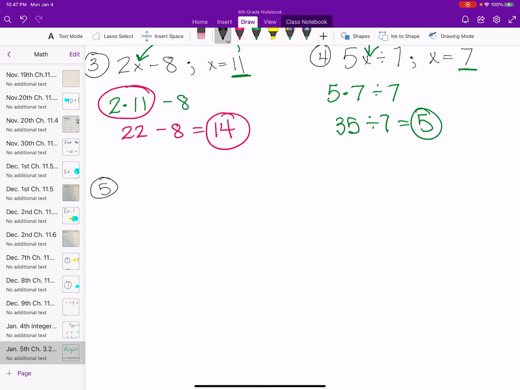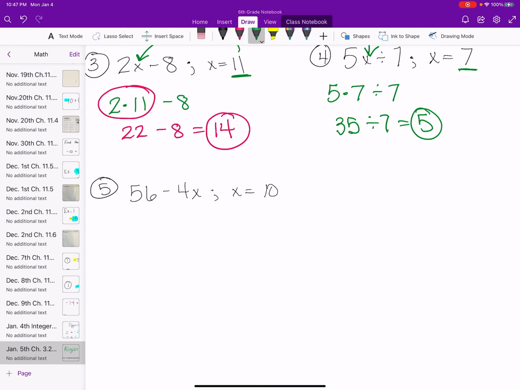Okay, let's do 56 minus 4x, and x is equal to 10.